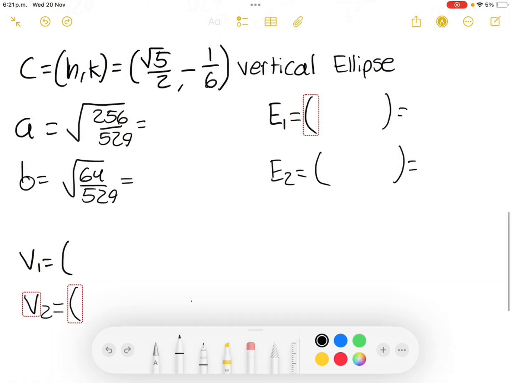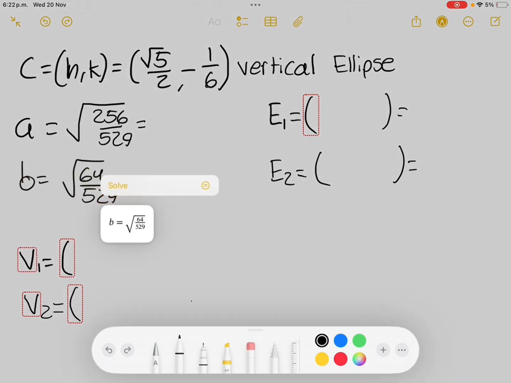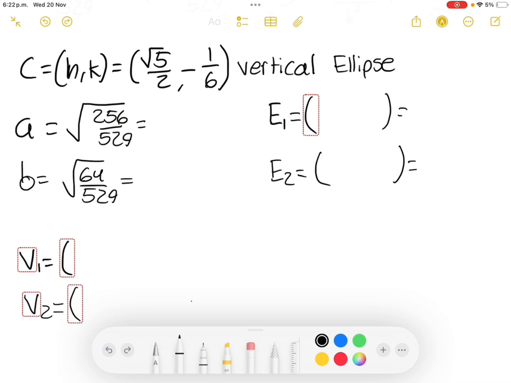So now we're going to find the vertices and the covertices. We can notice what the center is, and we have a vertical ellipse. So the A value is going to be 16 under 23, and the B value is going to be 8 under 23.